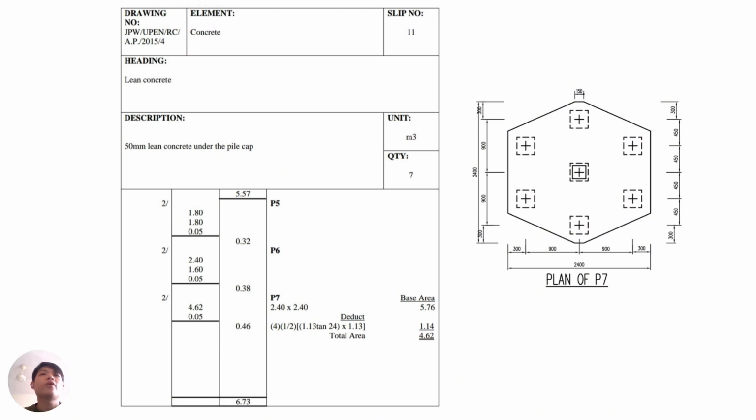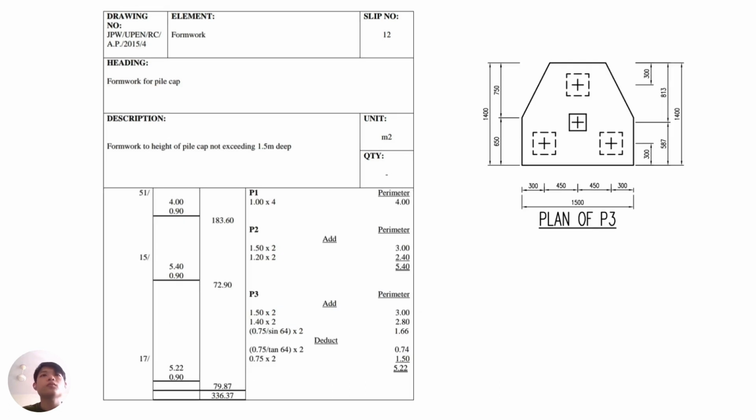So the total area for P7 would be 4.62, and 4.62 will multiply by 0.05 of concrete and multiply by 2, and we find that the volume of P7 will be 0.46. The total summation for P1 until P7 would be 6.73, rounded off to 7 meter cube.